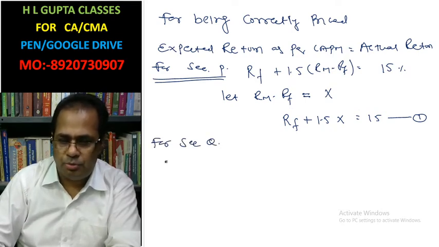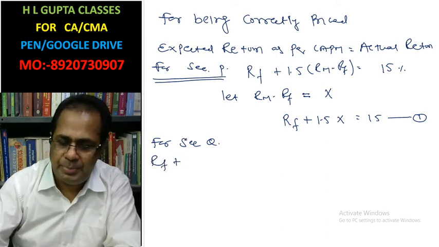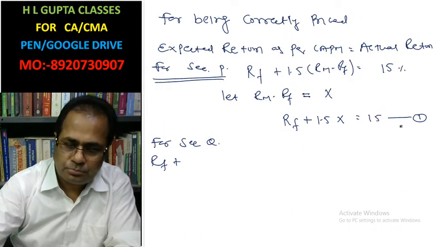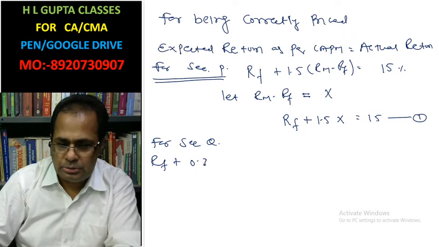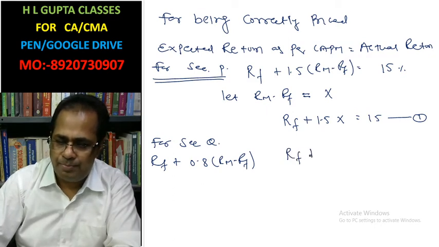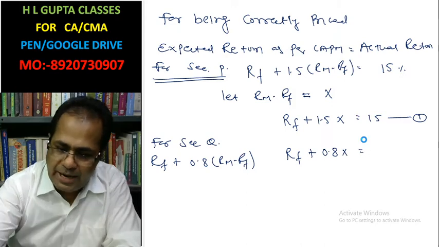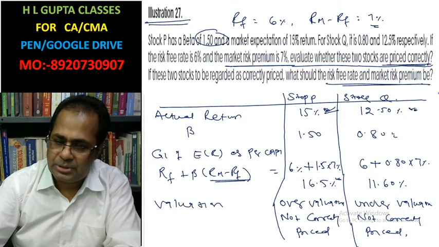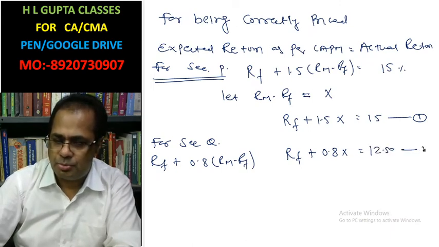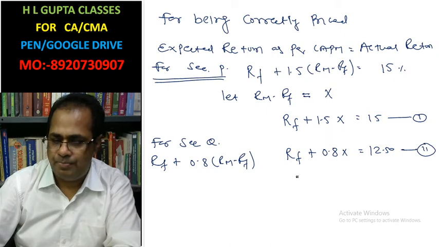For security Q, RF plus beta, the beta of security Q is 0.8, into (RM minus RF). This is RF plus 0.8X, and the actual return is given as 12.50%. Suppose this is equation second.